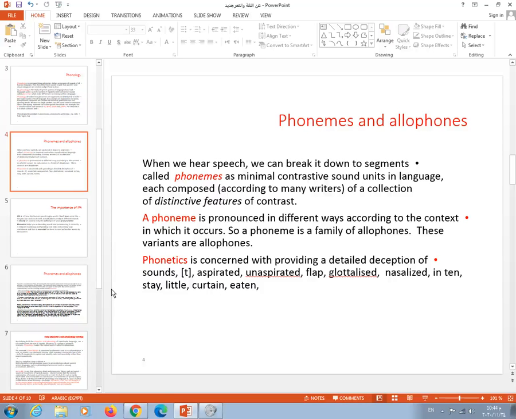We do not use p alone, we do not use t alone, we do not use k alone, but we use the allophones of all these phonemes, and we put them in addition to other sounds and other phonemes, other allophones of other sounds, in order to make words, and words make utterances, and utterances create meaning, and all these things.